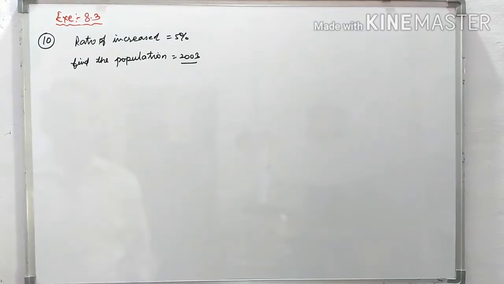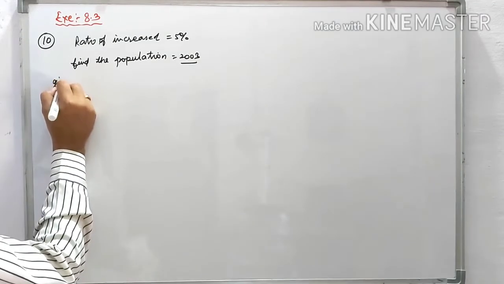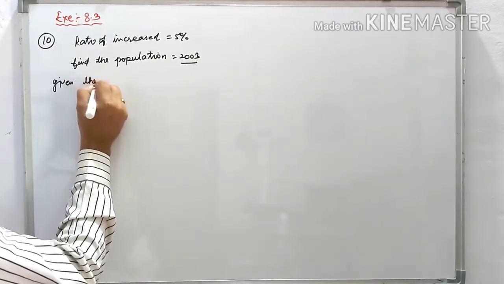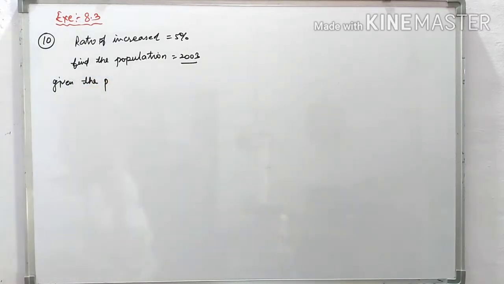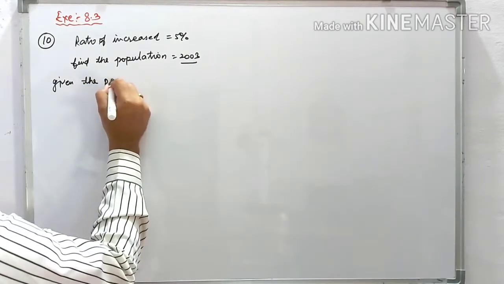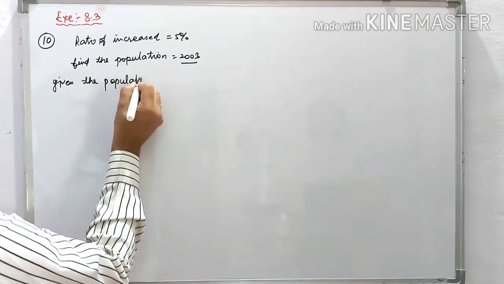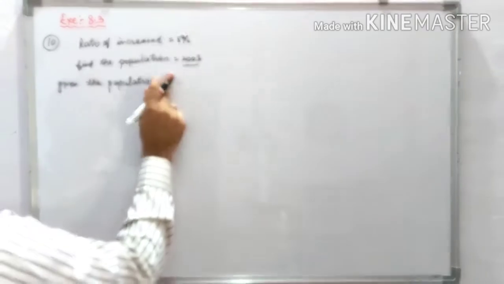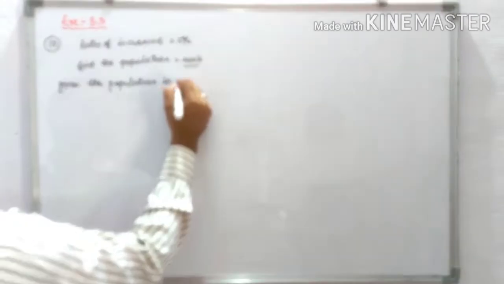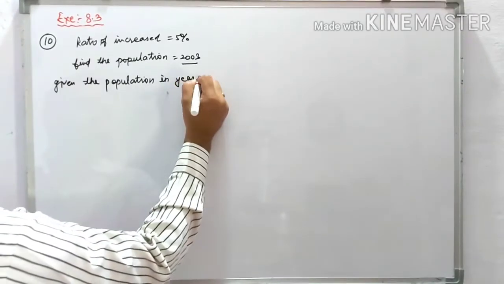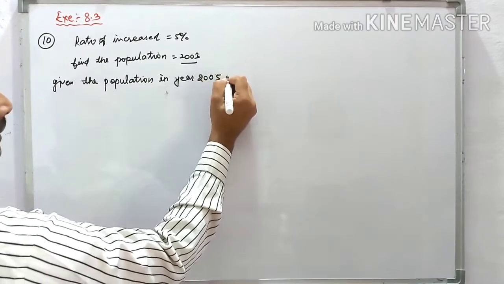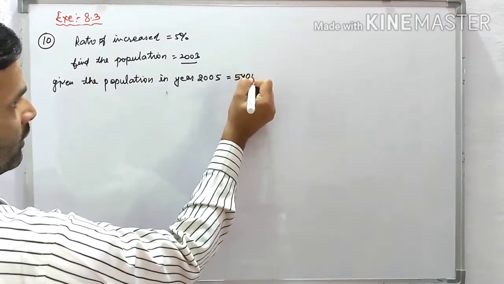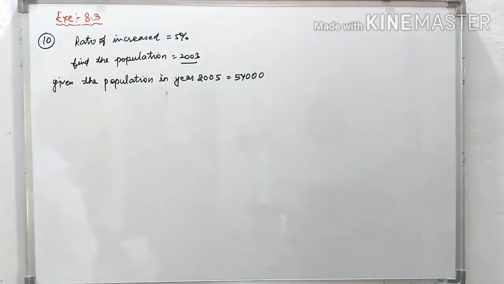The given population in the year 2005 is 54,000, and we find the population of 2003.